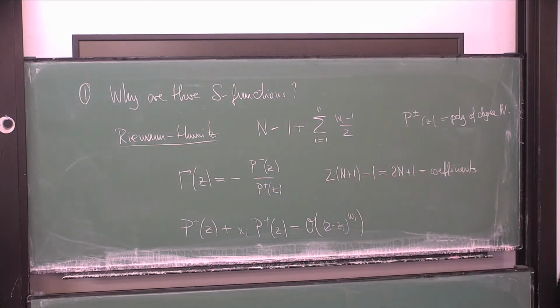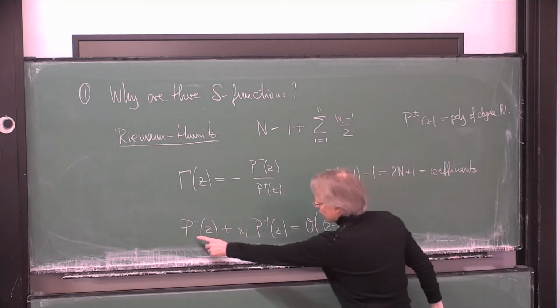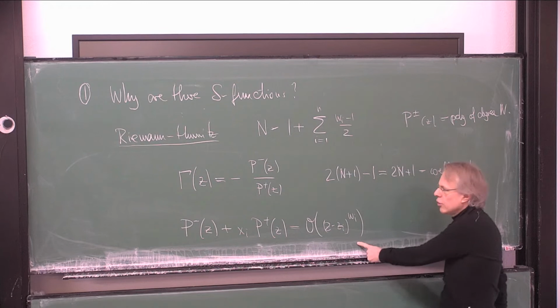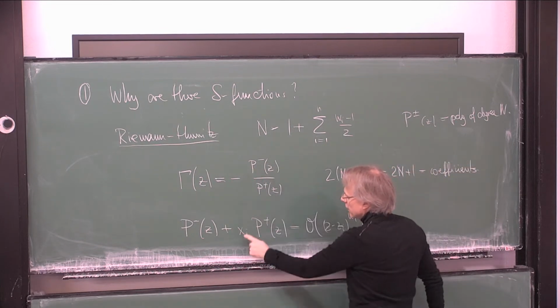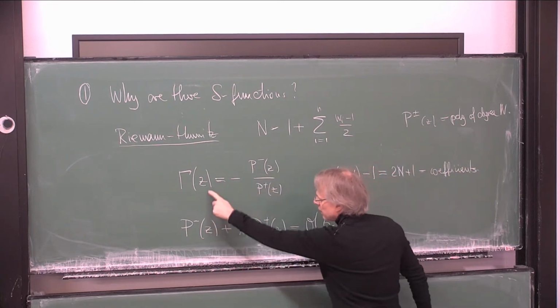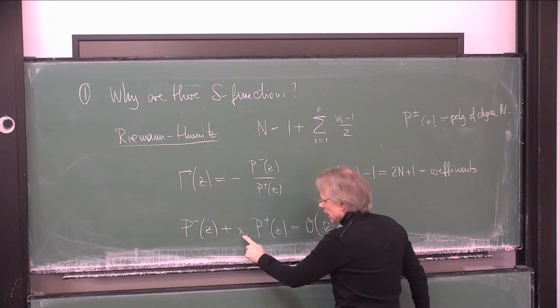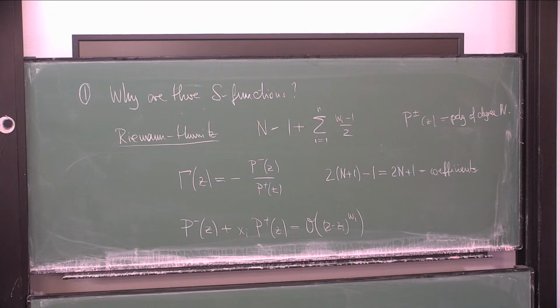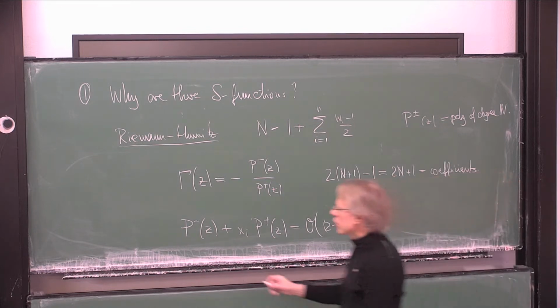Because if I plug in, p minus of z is minus xi p plus of z plus some higher order polynomial. So if I plug this in here, this term will just cancel. So near z equal to zi, this will just be xi plus order z minus zi. So these are the conditions I have to solve.